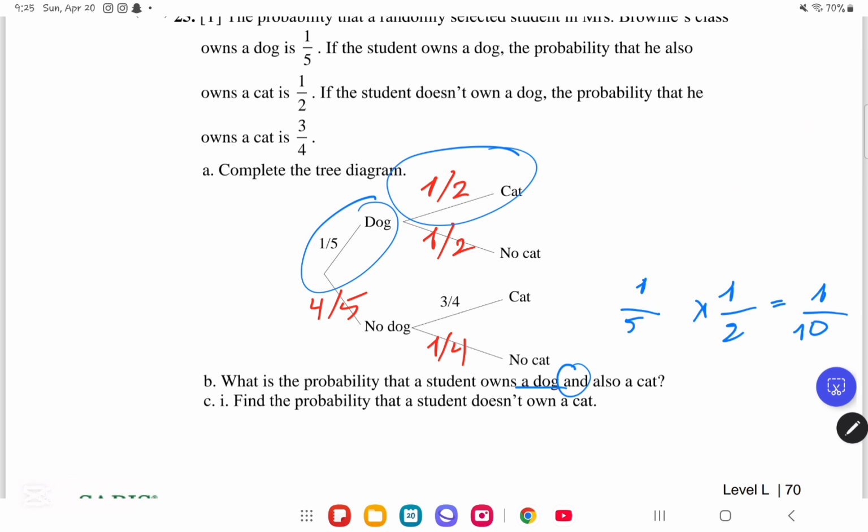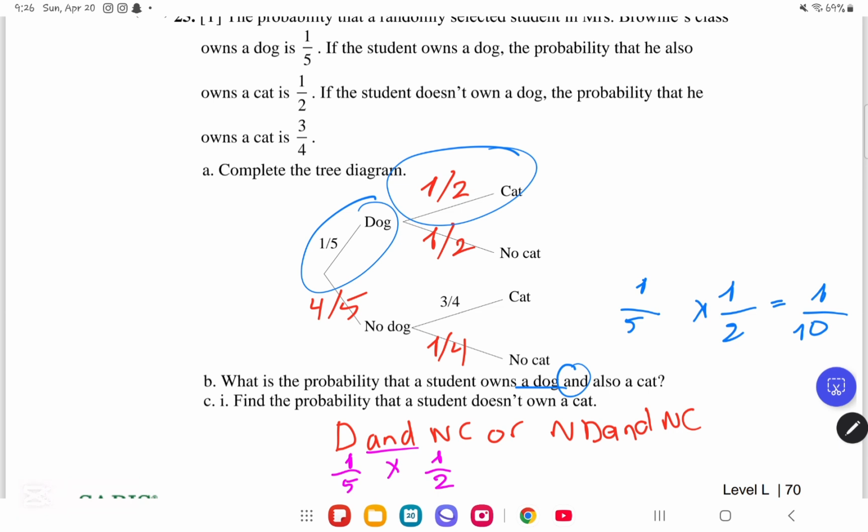Now they said in part I, find the probability that the student does not own a cat. He does not own a cat, so he could either have a dog and no cat, or no dog and no cat. The probability of having a dog is 1/5, and means times no cat is 1/2.